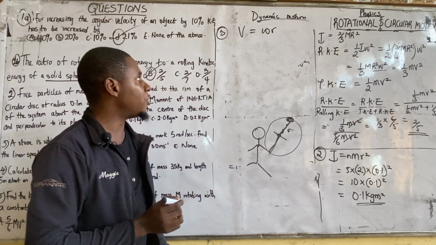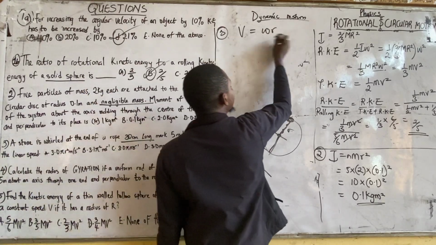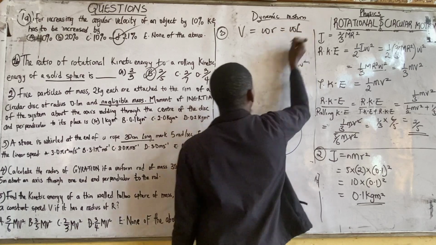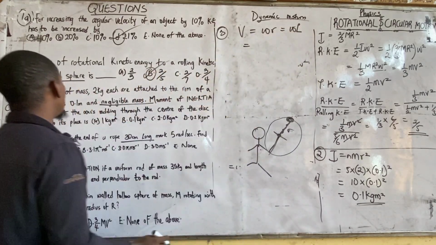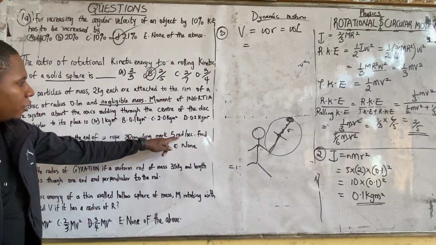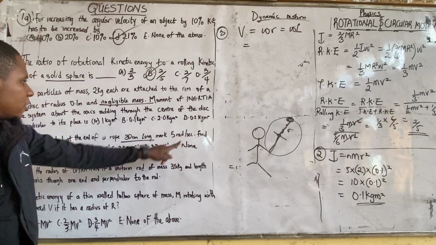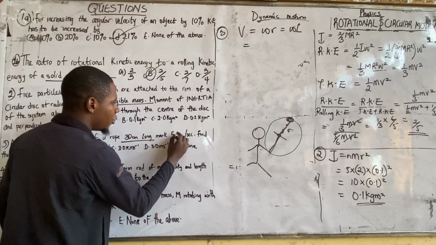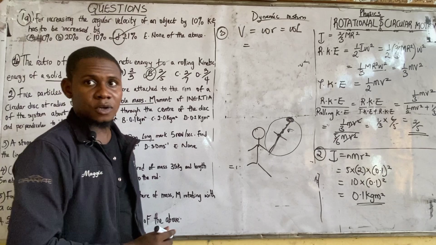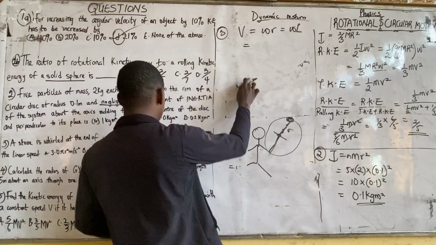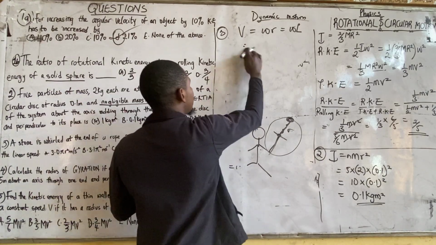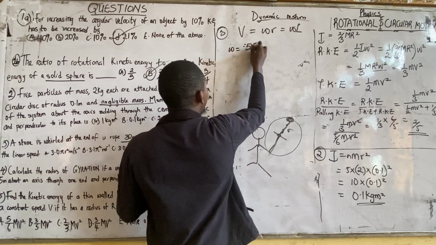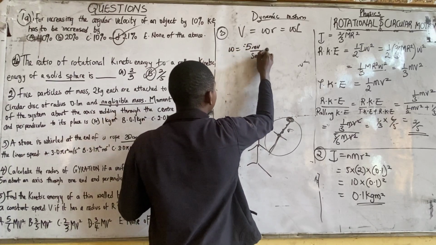The length of the rope is going to be the radius. So in this case, V will become omega L. And what was given to us? We are given in revolutions per second. Okay? So let's convert that. We are given 5 revolutions per second. So omega is equal to 5 rev per second.